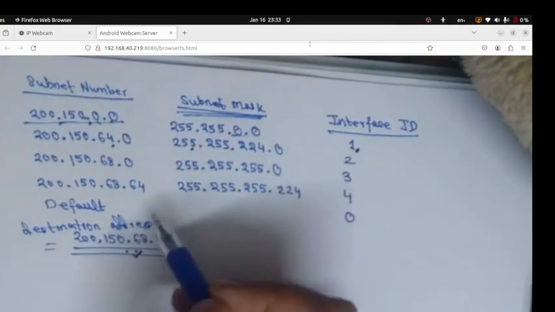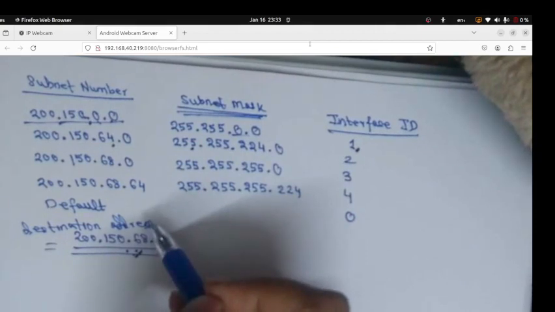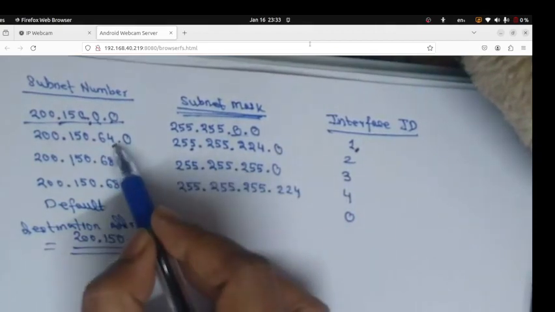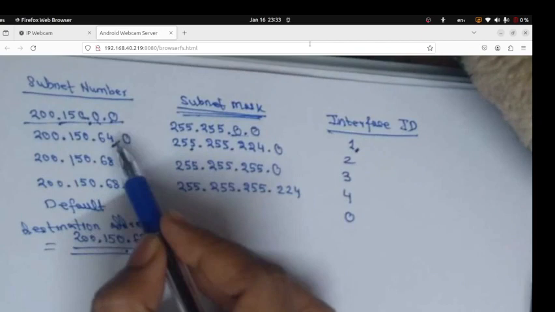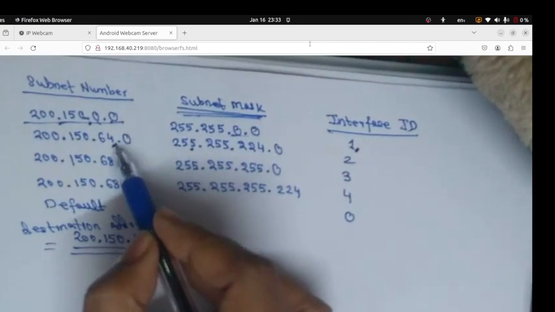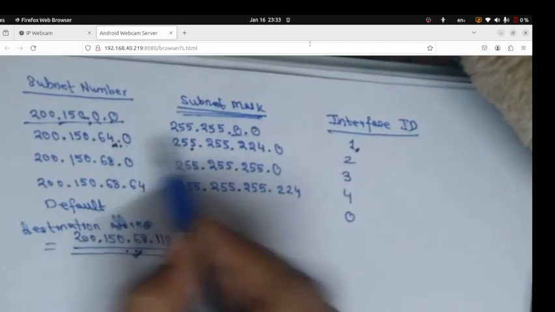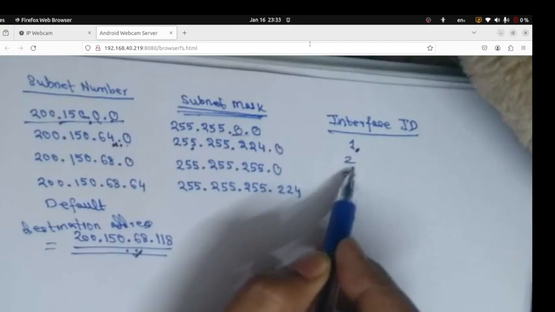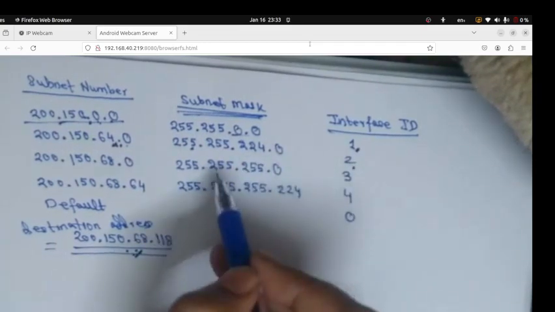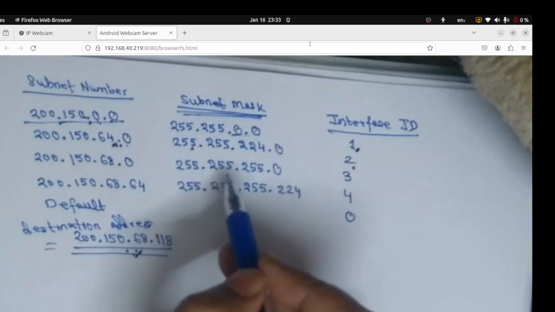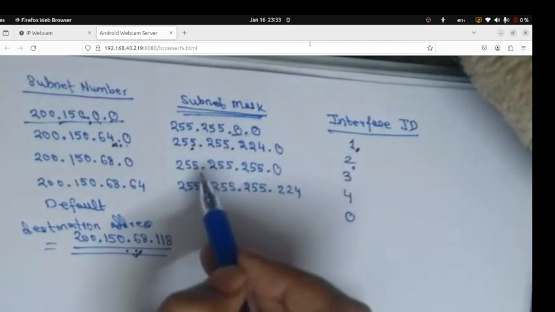After this AND operation, if the result matches the network number, then we can say that this packet is meant for this destination network, so it will be forwarded to the corresponding interface identifier. In this way, using the routing table, the routing algorithm selects the appropriate output line to forward the packet.